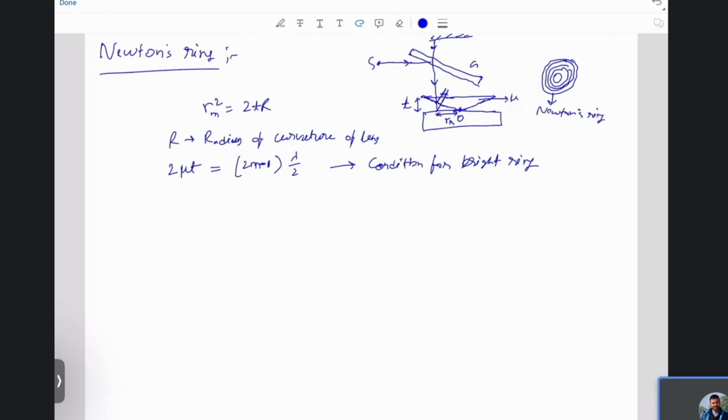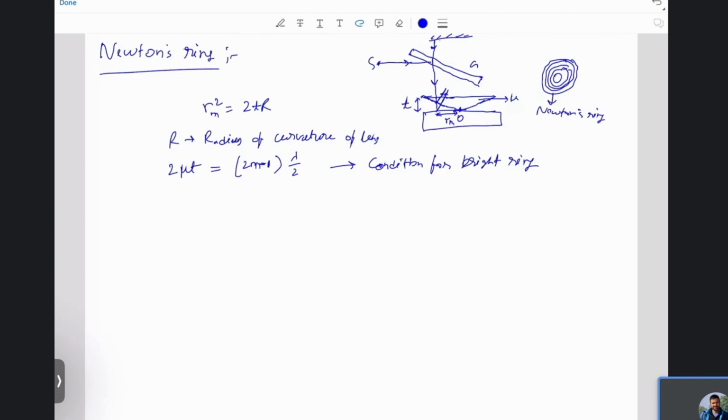Both these lights are coherent and there will be a path difference between these two, which introduces a phase difference, and so there will be interference, and you will get an interference pattern like concentric circles. These concentric circles are called Newton's ring.